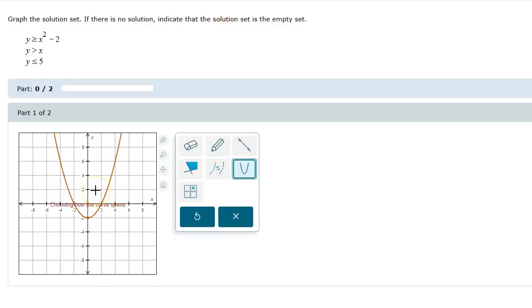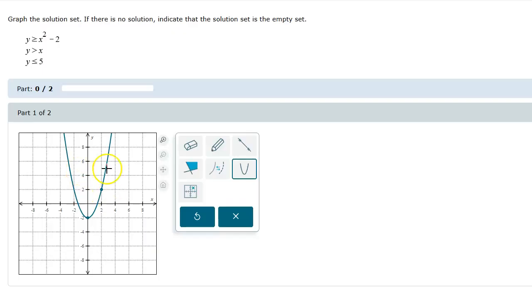It's going to open up, so I'm going to click above, and then the other point is usually at, see if I plug in 2, 2 squared is 4, and 4 minus 2 is 2. So that looks like the right parabola. Yeah, because 2 is usually at 4, but it's been shifted down 2 as well.